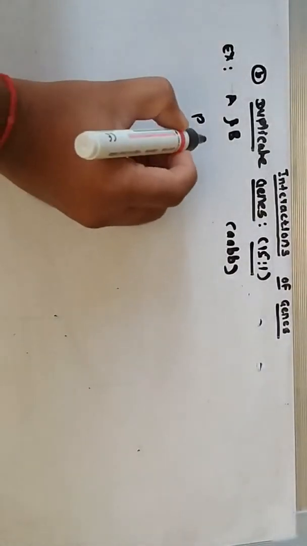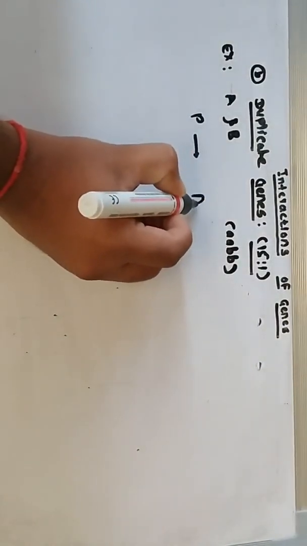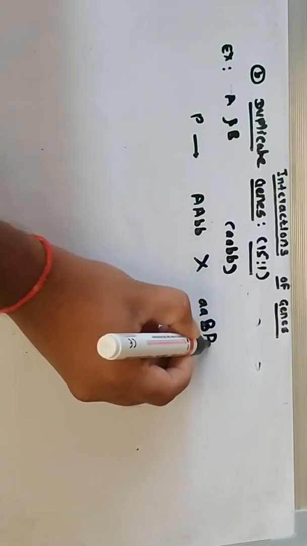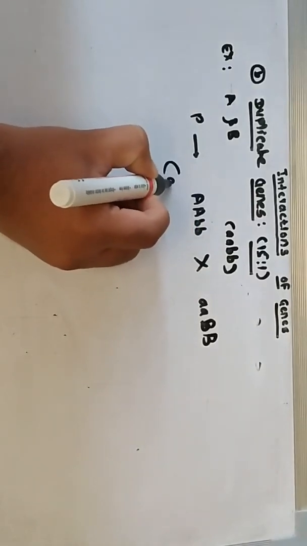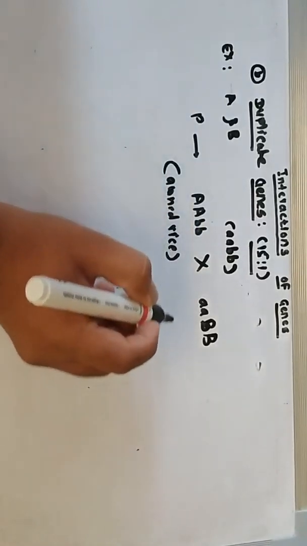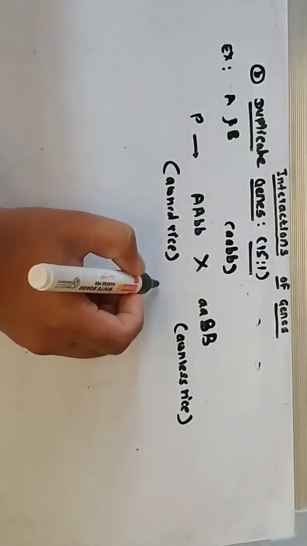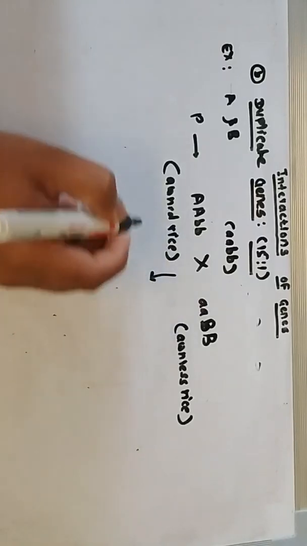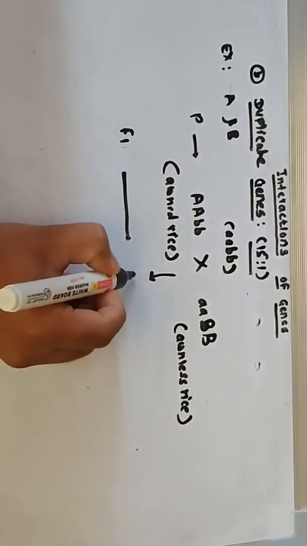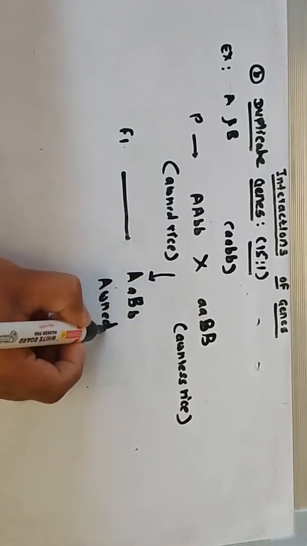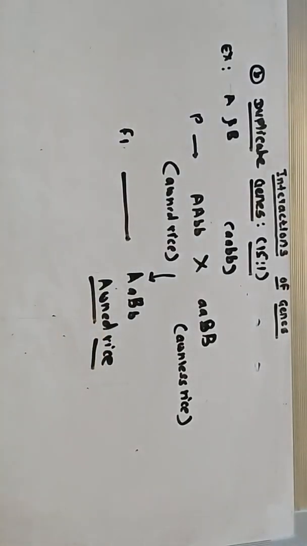First I write here parent: capital A, capital A, small b, small b cross small a, small a, capital B, capital B. This is the own rice, and this one the ownless rice. So in the cross between those characters, F1 is capital A, small a, capital B and small b. That is called own rice.